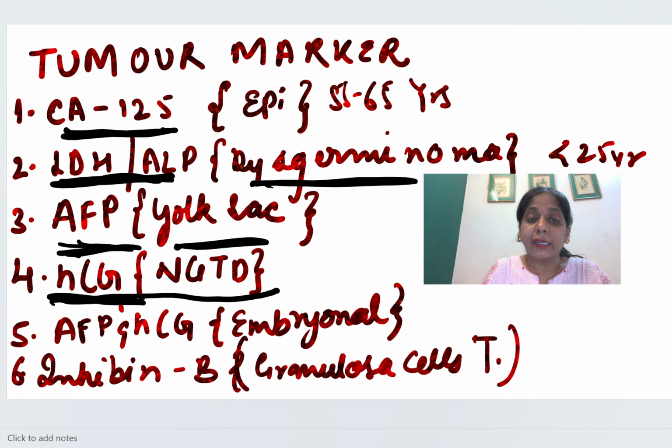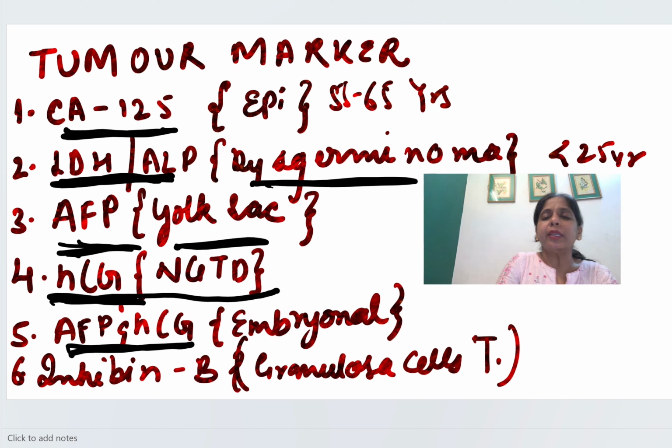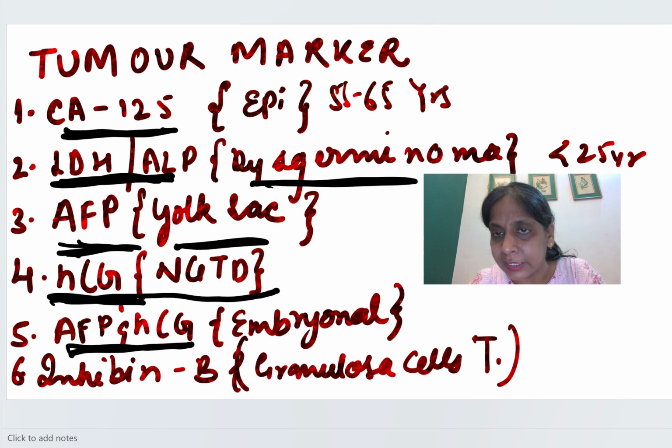And if you are suspecting embryonal carcinoma, then you will send alpha fetoprotein and HCG. Now let's say you are not suspecting anything, just a lady with an adnexal mass at 25 years has come, then you will send these three tumor markers: LDH, alpha fetoprotein and HCG.